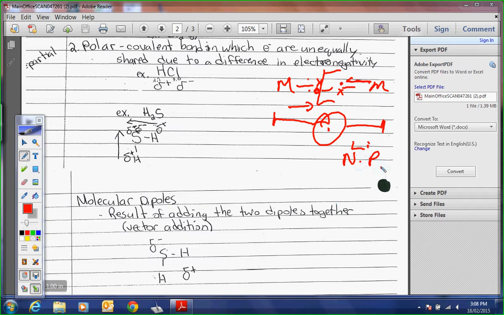There's not one end that tips up. However, H2S is not linear. It is V-shaped. So actually the seesaw isn't like this at all.